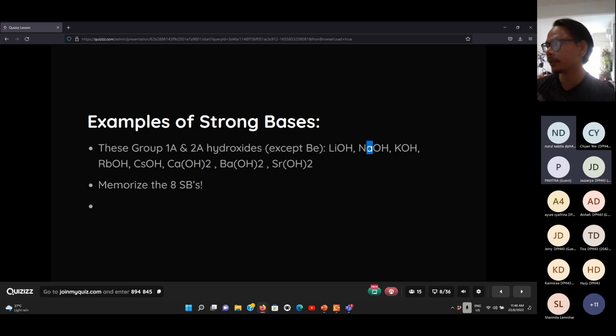Lithium, Na, potassium, K ni, rubidium, cesium, calcium, barium dan Sr ni adalah elemen-elemen dalam grup 1 dan grup 2 dalam periodic table of elements. So most of the hydroxide of the elements from these two groups adalah a strong base.